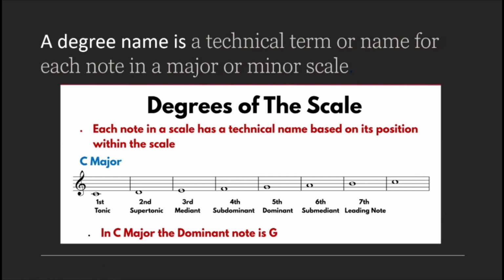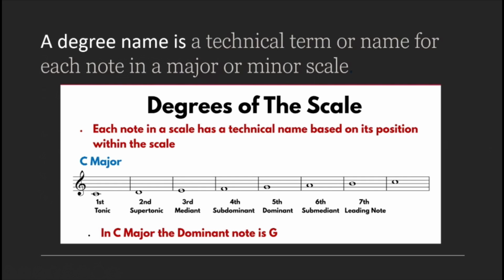Now, to those who are familiar with playing the piano, you will hear in some cases that they say, give me the tonic, or give me the chord one. Either you call it chord one or chord four or chord five, or chord two, as the case may be. This is where the concept of chord one, chord four, chord five comes from. I can decide to say, give me the tonic, give me the subdominant, give me the dominant.